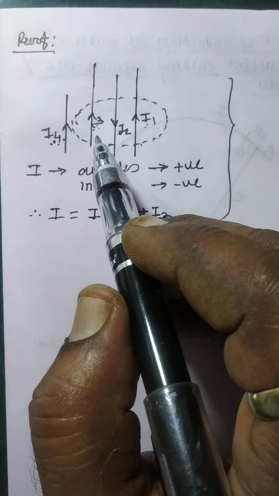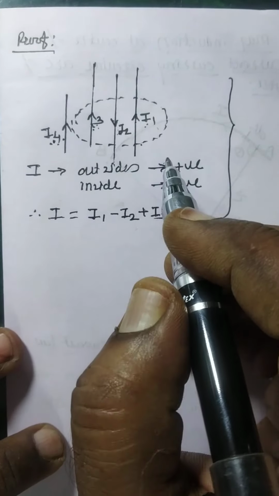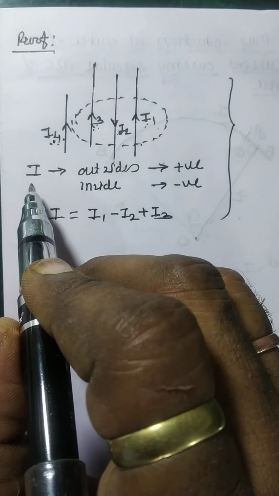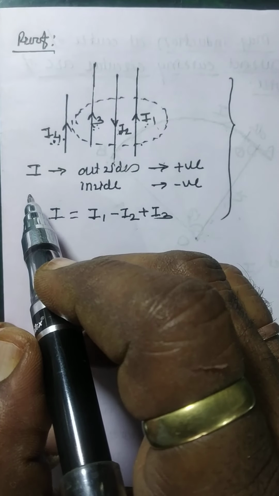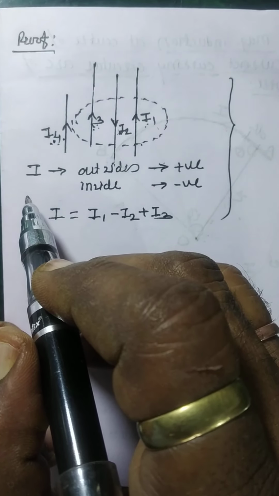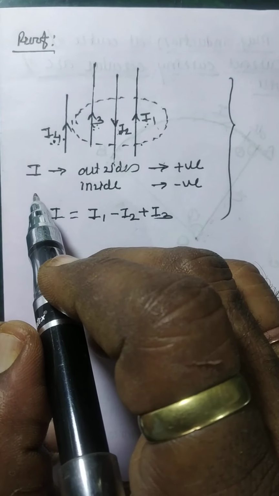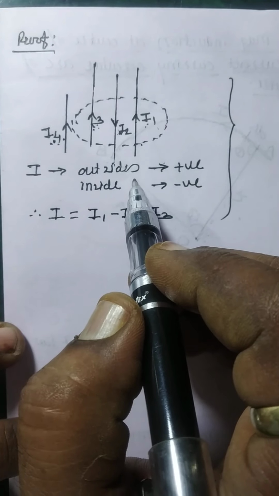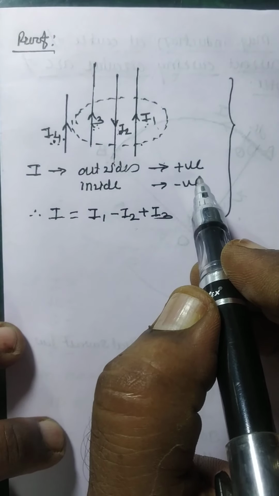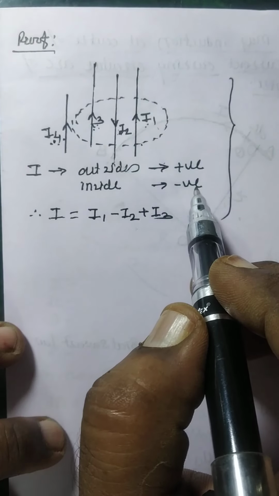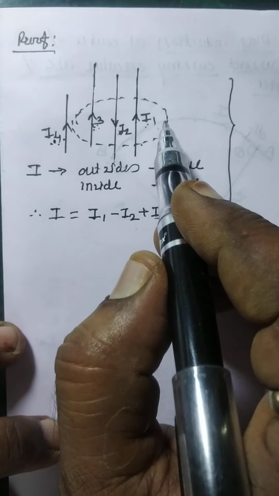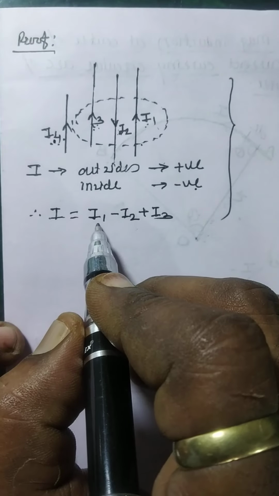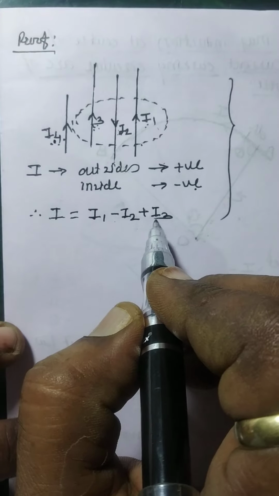These conductors are perpendicular to the plane of the loop. Sign conventions: currents outside the plane are considered as positive and currents inside the plane are considered as negative. Also, current outside the loop contributes practically zero and hence the resultant current I is equal to I1 minus I2 plus I3.